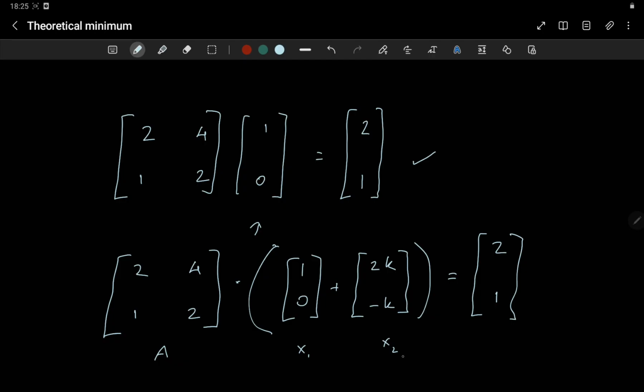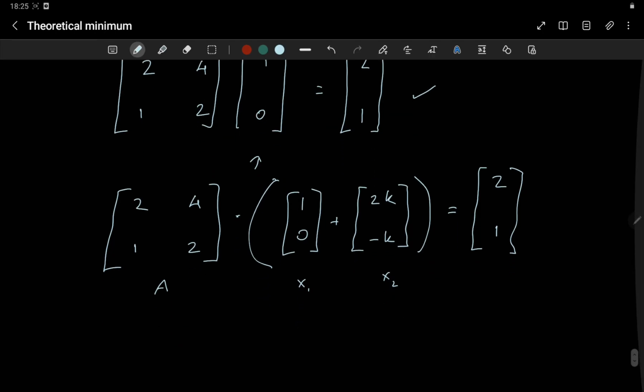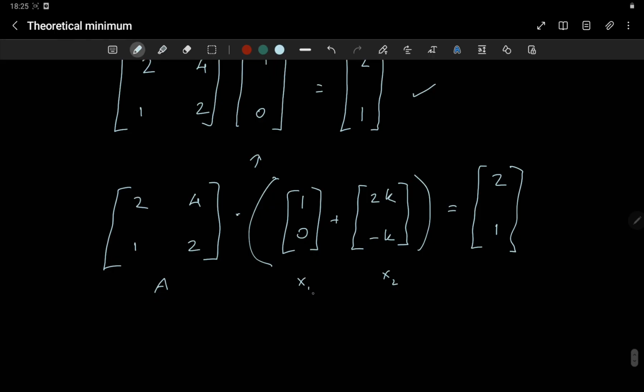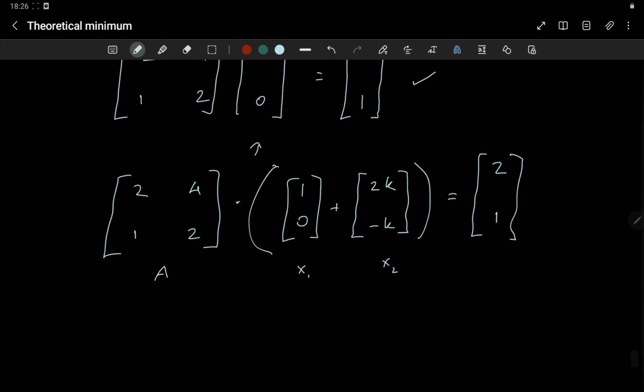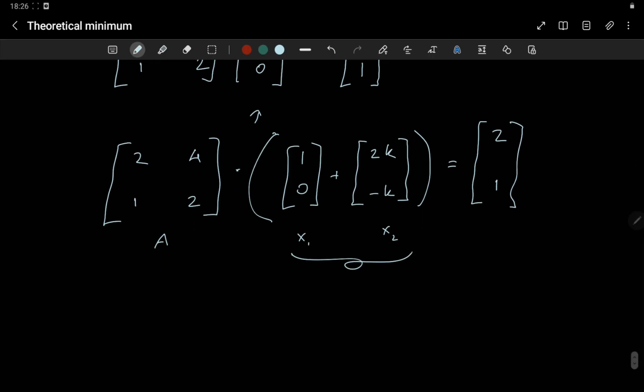So in that case, not just x1 but also x1 plus x2 is a solution, where k could take any value. For any k value you will get a solution, therefore it has infinite solutions.